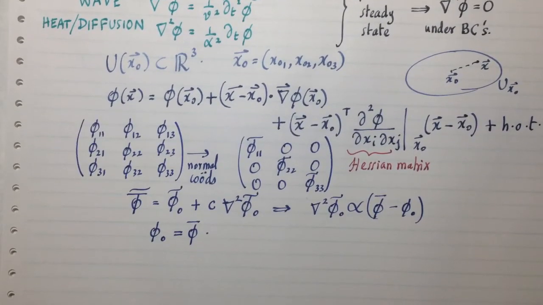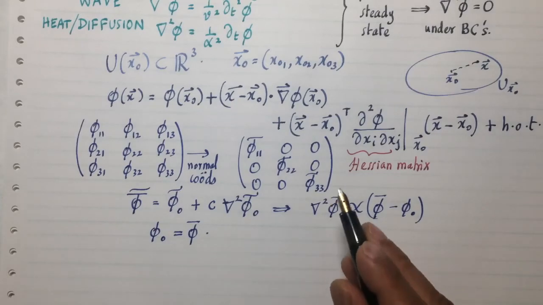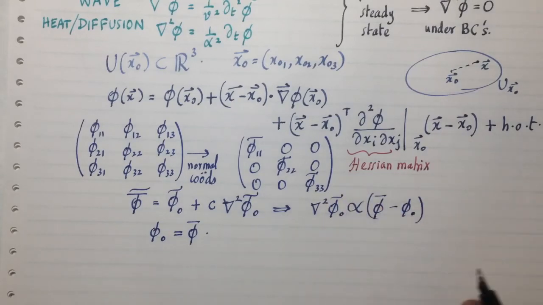The other result is this. If you have a function that satisfies Laplace's equation, you cannot have any peaks and valleys. It cannot have any maxima or minima, only saddle points. The reason for that is if you have a maximum at a certain point, that maximum point will be higher than all the other points around it.